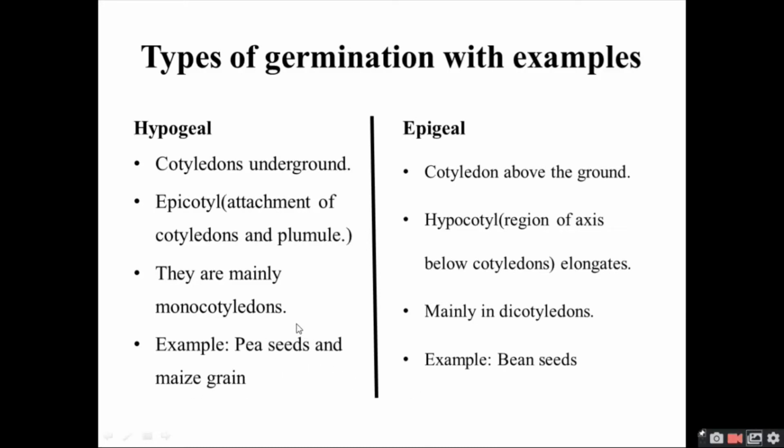So these are the examples of hypogeal type of germination. In case of epigeal, they are mainly dicotyledons, and we had seen the first formed leaves, or the embryonic leaves, are above the ground. Example is bean seed.